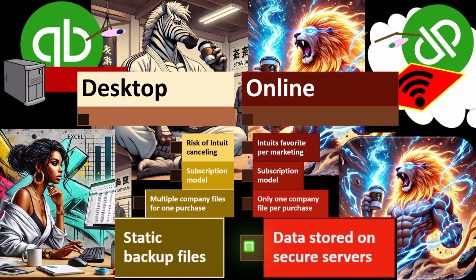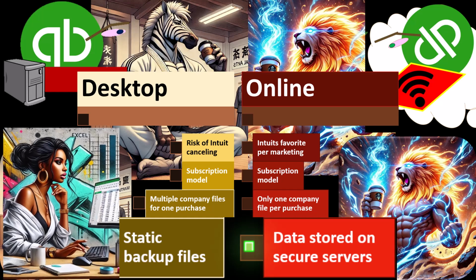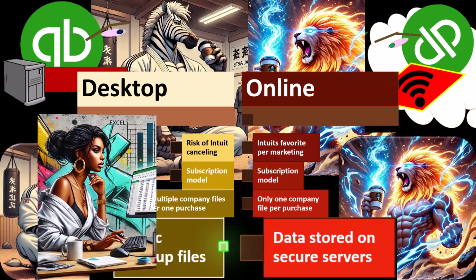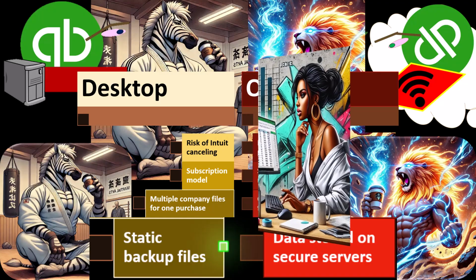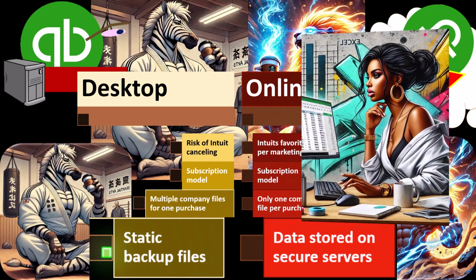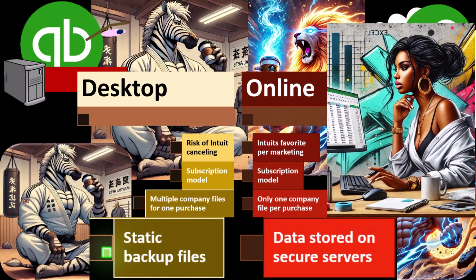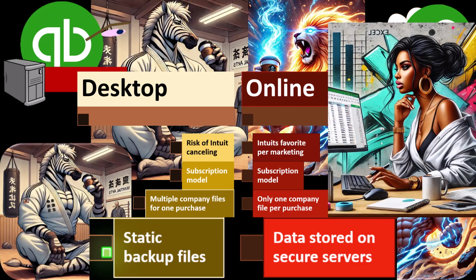Therefore, the argument is you're less likely to lose the file from the Intuit server, even if you have a good backup system. Now, I think if you have a good backup system, you're possibly pretty good on the static files, just that you don't want to back them up on the same drive that you are using. You want to back them up onto the cloud or something like that, where you store the backups. So, but in any case, that should be easier online.